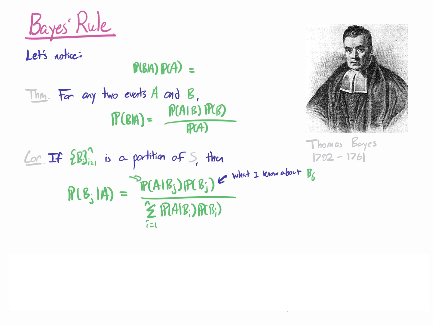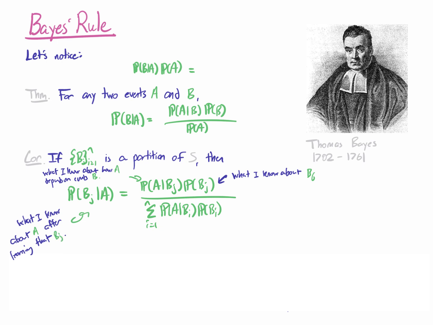Over here, this first term, that's what I know about how A depends on the events B. And then over here, this is what I know about A after learning that B sub j is what happened.